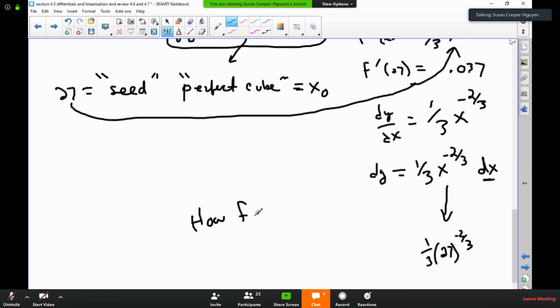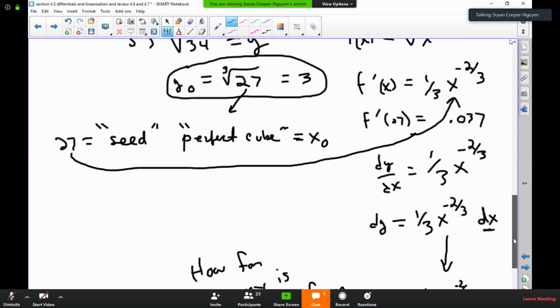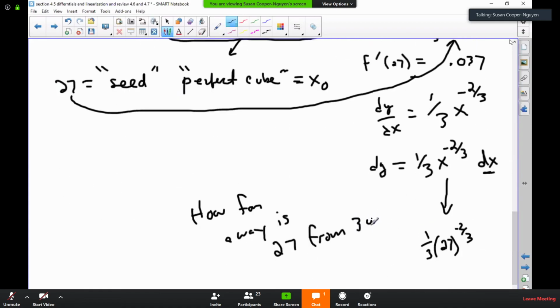How far away is 27 from the number that they originally gave us, which was 34? 7 units away, right? Aha. So dx just means difference in x. Just means 34 minus 27, that's 7 units away. So I'm going to plug a 7 in here.